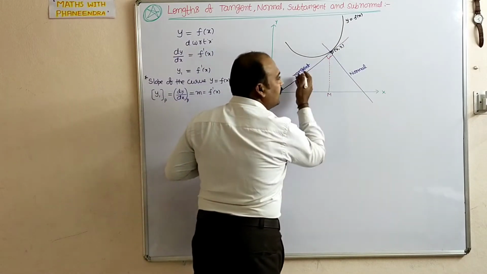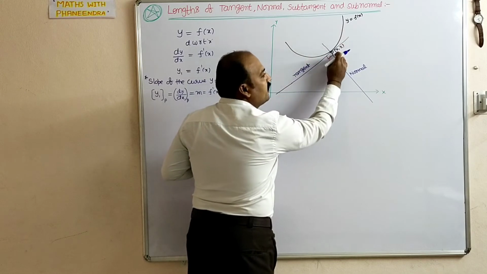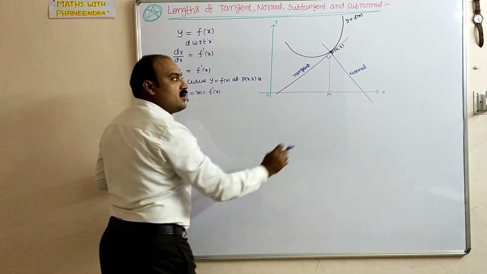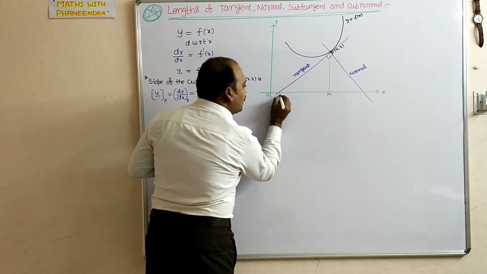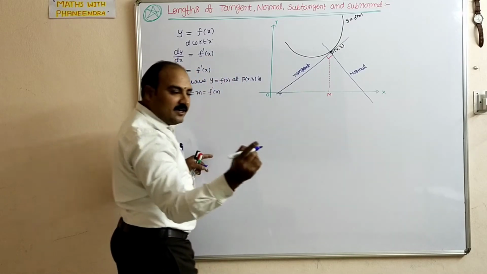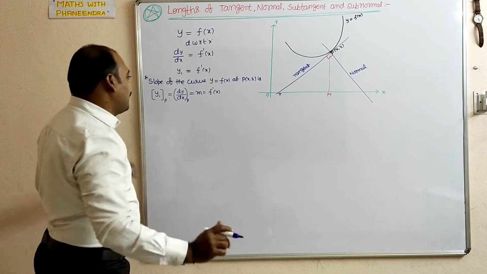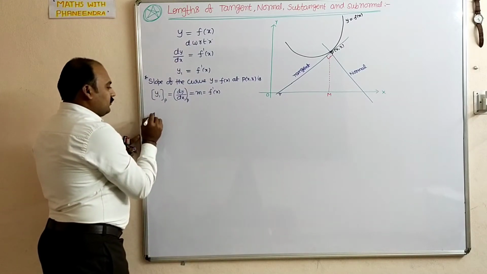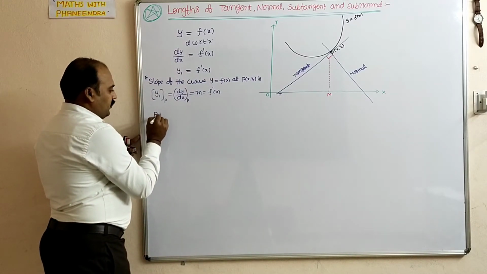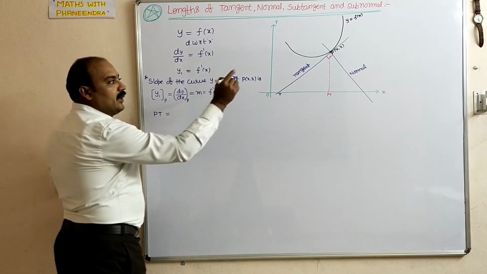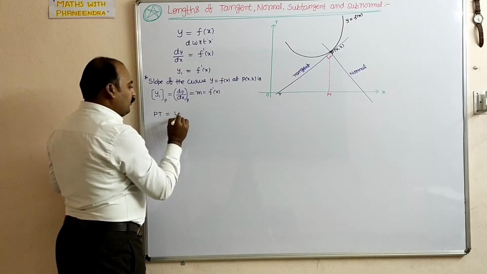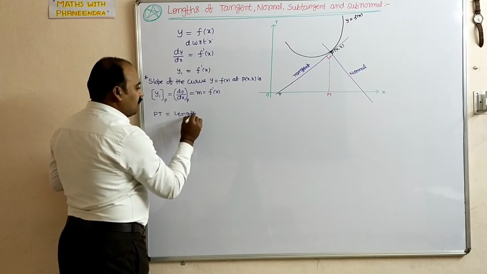This is the tangent to the curve at the point P of x1, y1 and which meets the x-axis at the point T. Then the length PT is called length of tangent. From the figure, PT is equal to length of tangent.